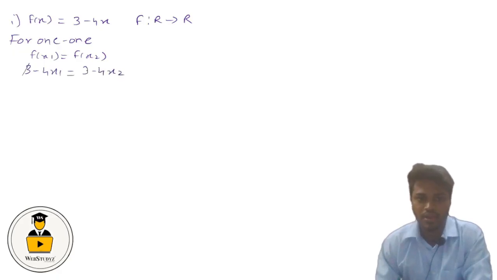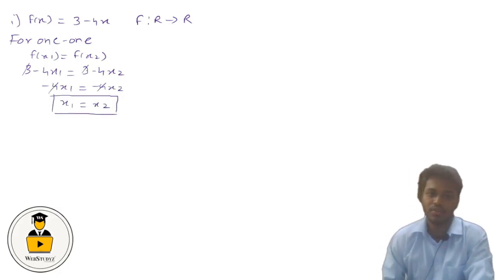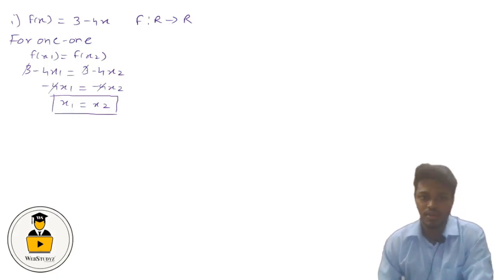The 3 gets cancelled from both sides, so minus 4x1 equals minus 4x2. Again minus 4 gets cancelled from both sides and we get x1 equals x2. Since we are getting this condition, we can say that therefore the function f is one-one.